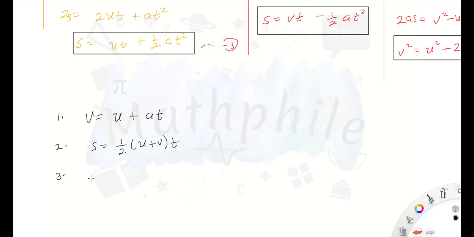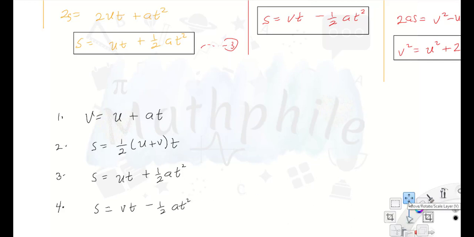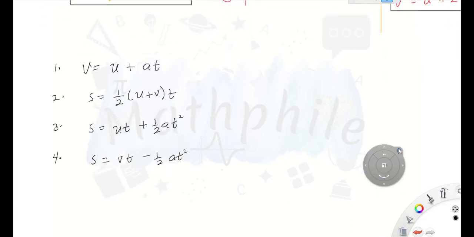The third one gives us s equal to ut plus 1 over 2 at squared. The fourth one gives us s equal to vt minus 1 over 2 at squared. And finally, the fifth one is v squared equal to u squared plus 2as.